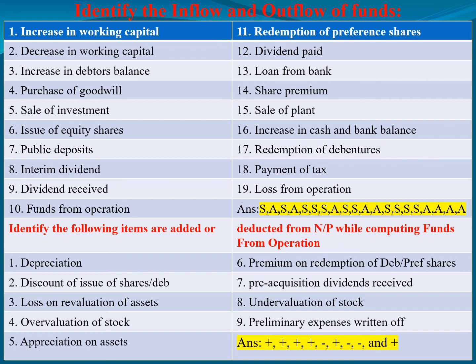It is recorded on the debit side of the income statement, and hence it is to be added back to the profit. Similarly, pre-acquisition dividend received, undervaluation of stock, preliminary expenses written off are to be adjusted while preparing the funds from operation. These are certain examples.